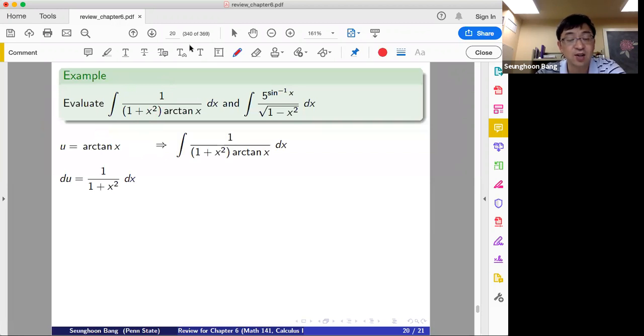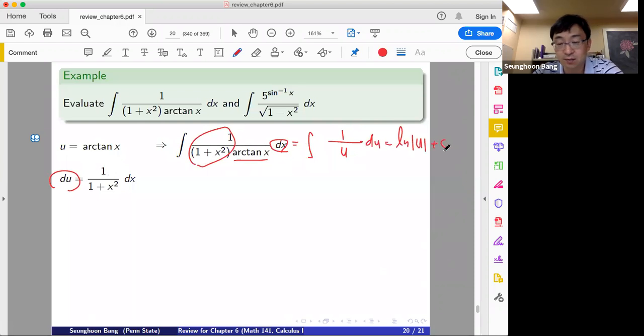Next, change it. This is the same as the integral of 1 over u, because arctangent is just u and 1 over 1 plus x squared dx is just du. So we have ln of the absolute value of u plus c.